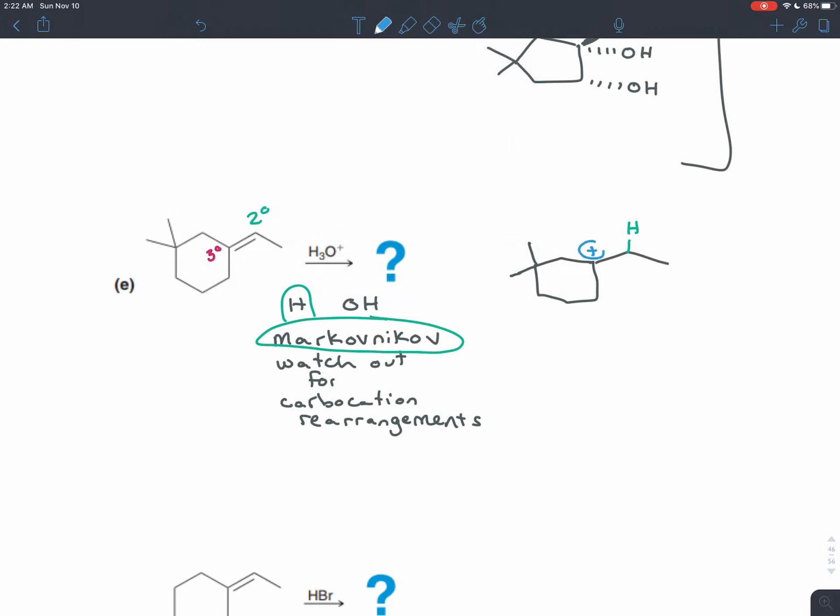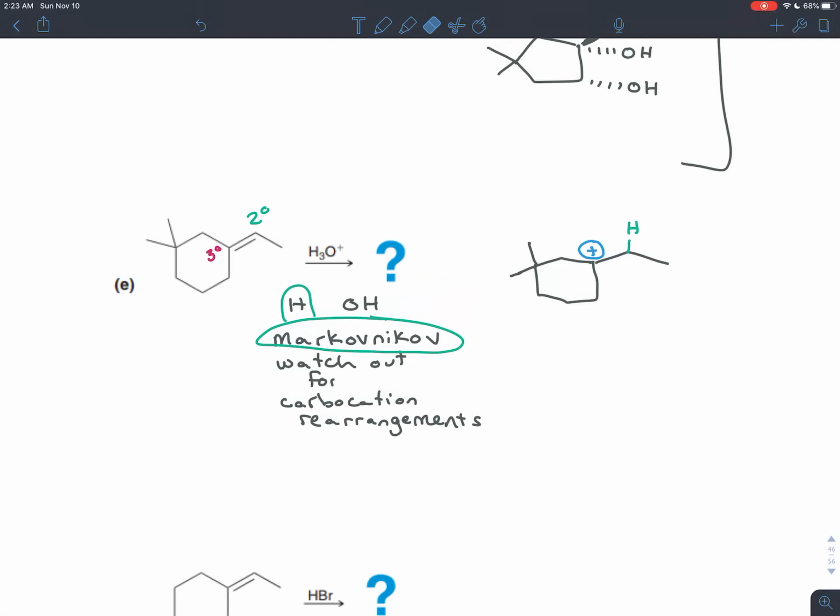That means that at first in the mechanism, we're going to form a carbocation on the other carbon in the double bond. Now that's a tertiary carbocation. Next door, you'd either have a secondary carbon. Now, technically, right now, this is a quaternary carbon, but if you do the methyl shift in order to move the carbocation over, it turns into tertiary. So none of those is more stable than where the carbocation already is.